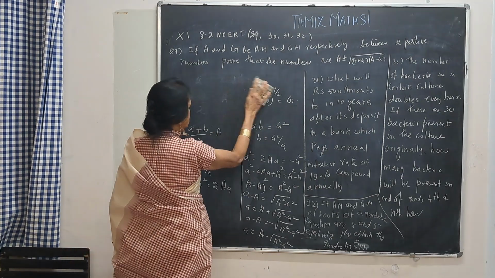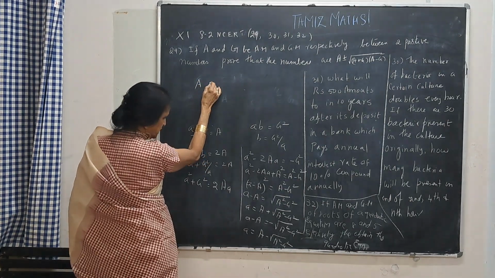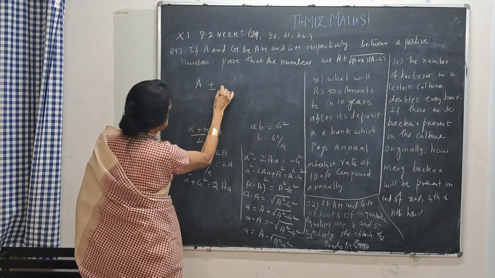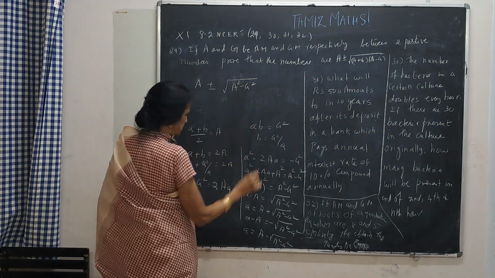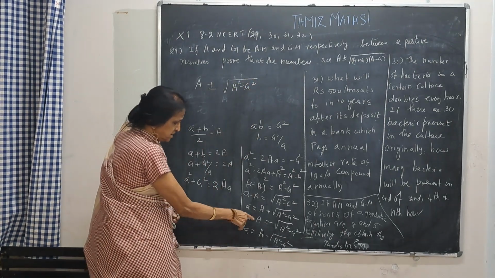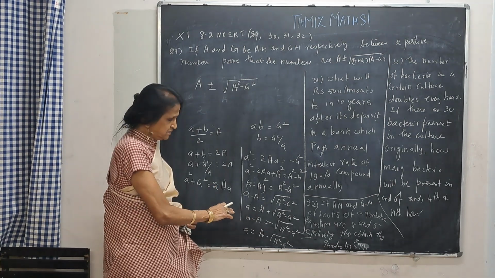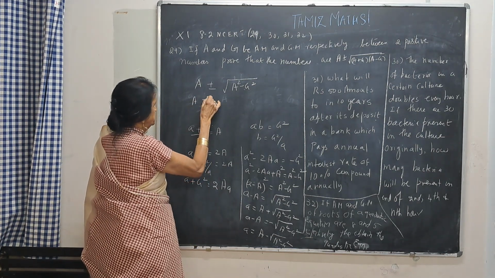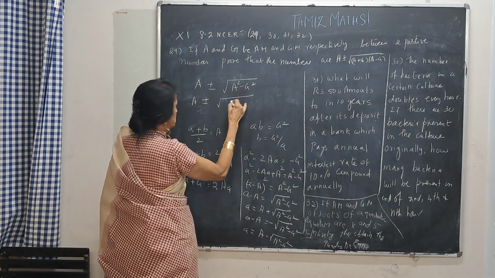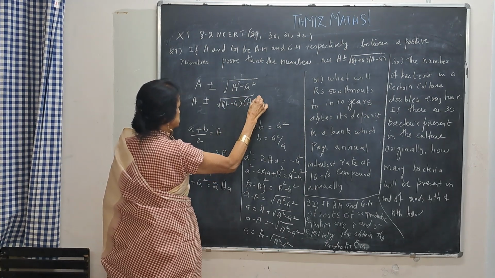So now we have the two numbers are A plus or minus root of A squared minus G squared. Don't feel, oh this is a, this is also a, but the numbers are a and b. Actually it implies the other number. So this is A plus or minus root of (A minus G) into (A plus G).